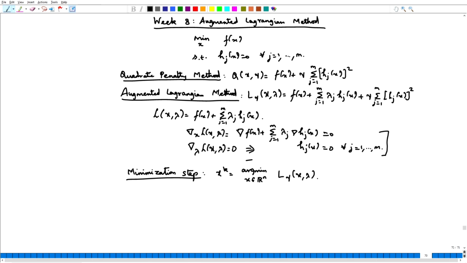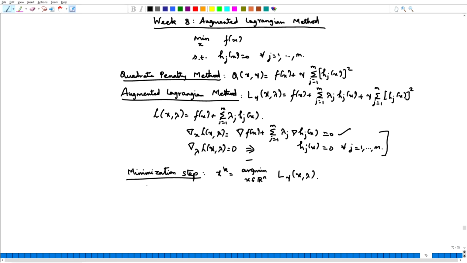So, assume that some genie has come and given us the right value of lambda. That is the lambda star that you would find by solving this. Assume that lambda star is given to you. What would you then do? You will just find this gradient with respect to x and be done with it. Whichever x satisfies the gradient of L with respect to x equal to 0, that is the answer.